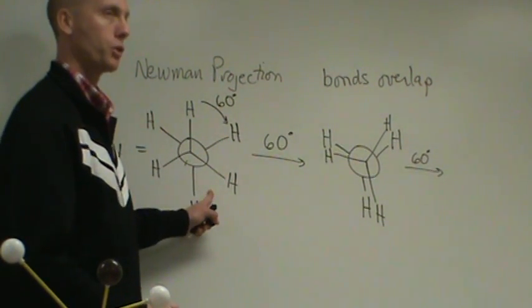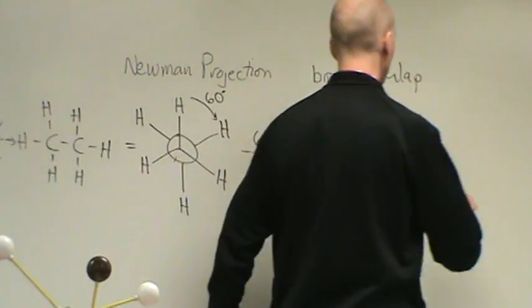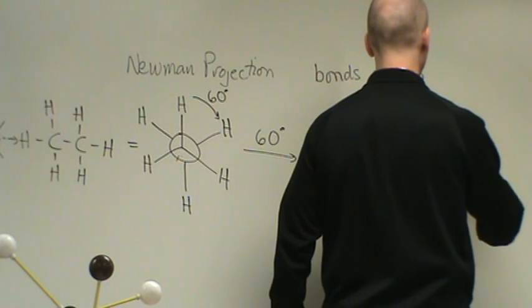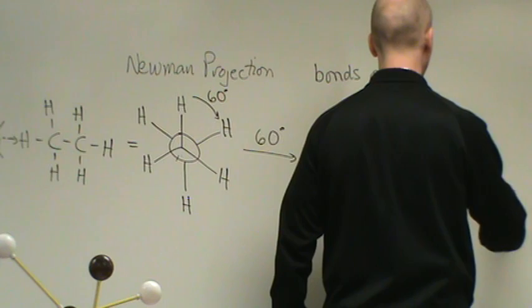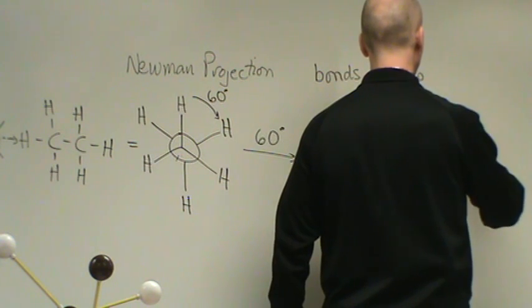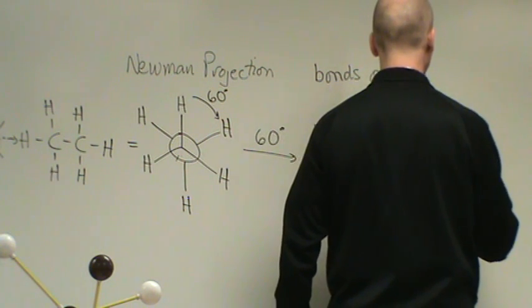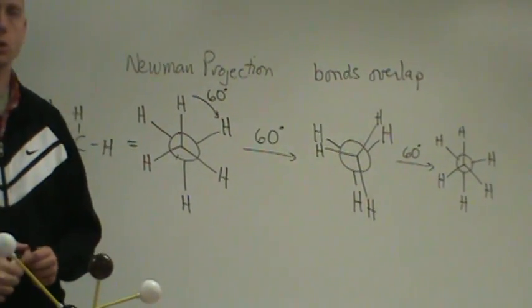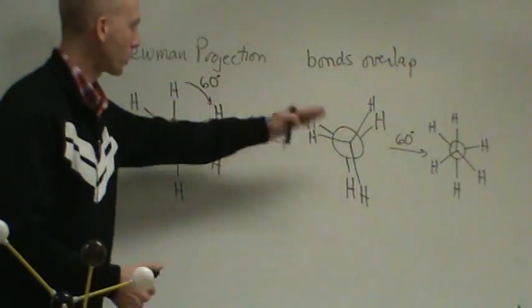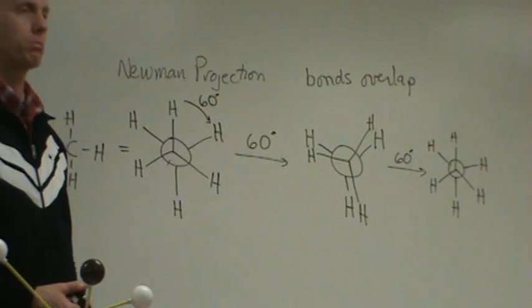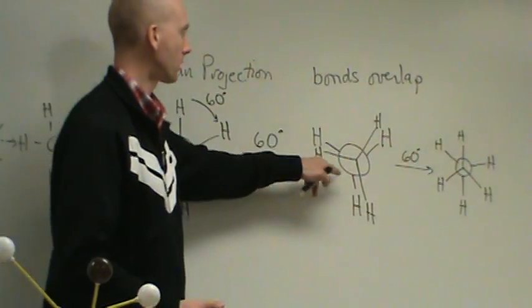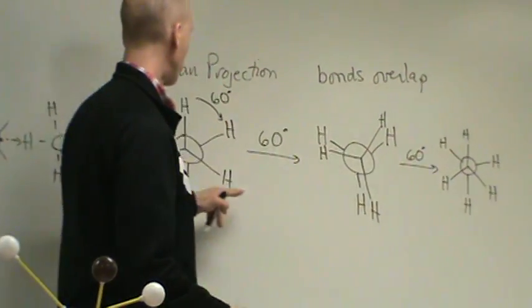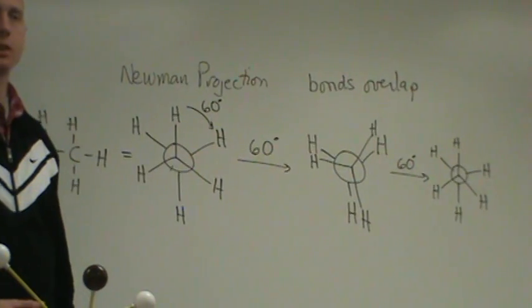You'd get back to here, wouldn't you? That's what we do in Newman projections. We're going to rotate 60 degrees, one at a time. 60 here to get the overlap, and then another 60 to get back to that.